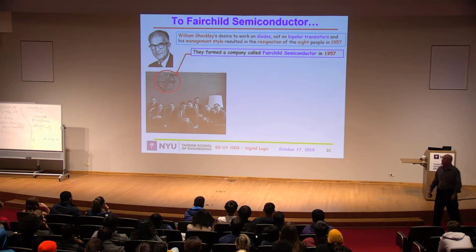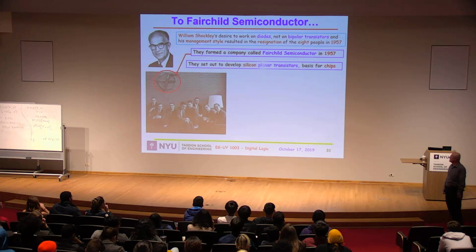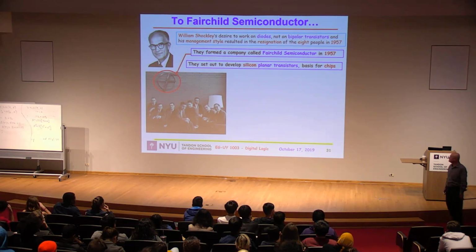Right? They formed their own company called Fairchild Semiconductor, and they started working on the first chip. You see, he was the top person in the world, but he didn't realize that the future lies with chips, not with transistors. But they knew. So they went ahead, and they almost got the first chip manufactured. They were so bright.